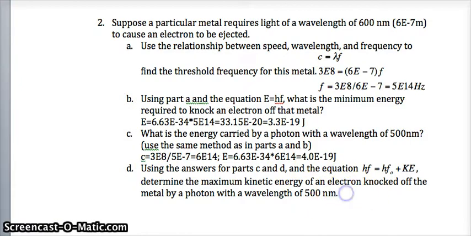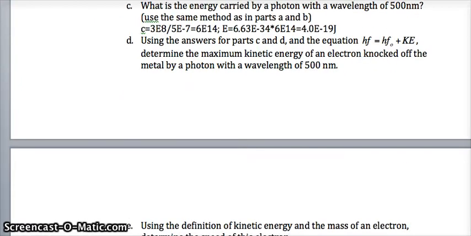All right, now when we want to use the answers for part C and D in the equation hf equals hf0 plus kinetic energy, we can find the kinetic energy of the electron that's knocked off. We know that the 500 nanometer wavelength photon has an energy of 4.0 times 10 to the negative 19th, and that equals the threshold energy, which is 3.3 times 10 to the negative 19th, plus the kinetic energy.